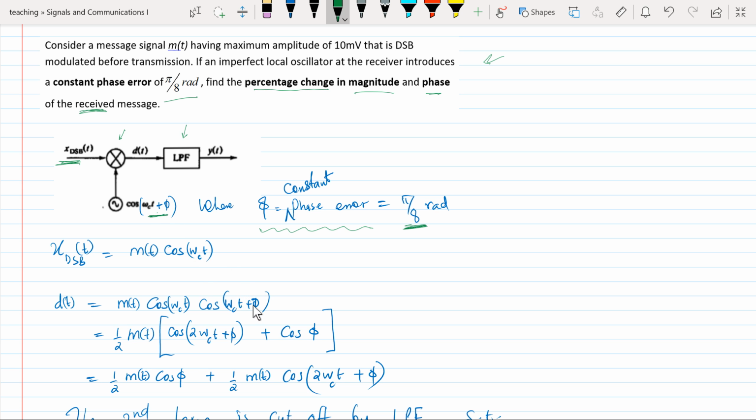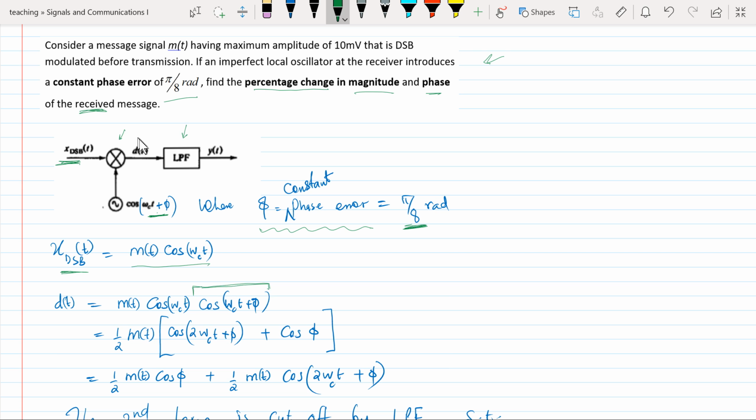So we are saying that the phase that is introduced is our phase phi. We are going to consider that our input message is m of t cos omega c t, and this is something we have done in the past, such that d of t will be the multiplication of the input message with a local carrier.